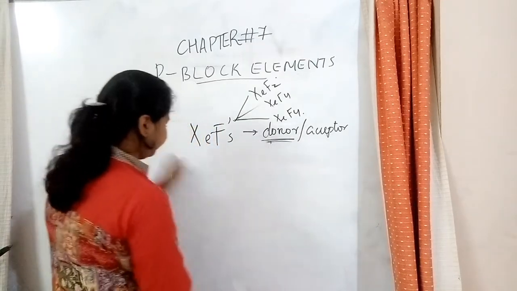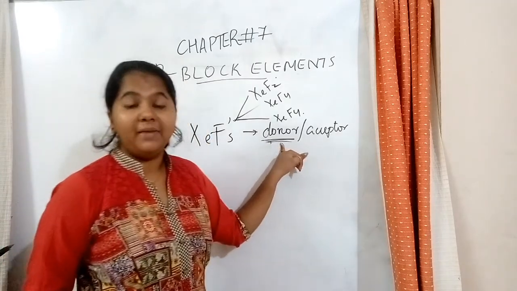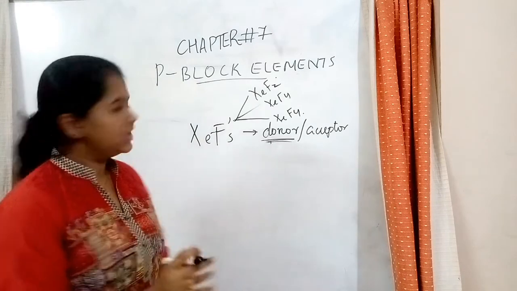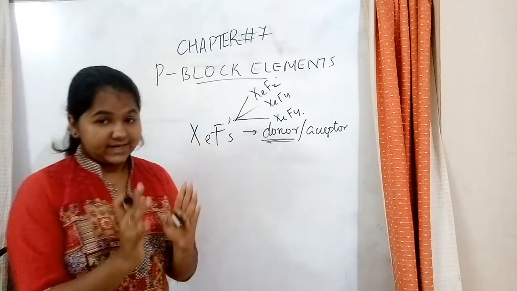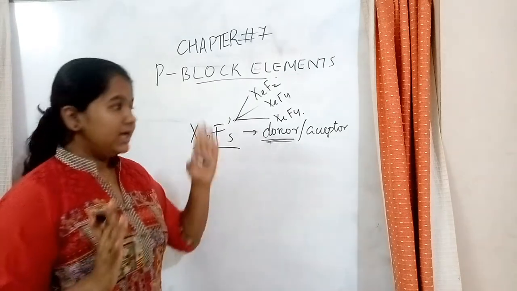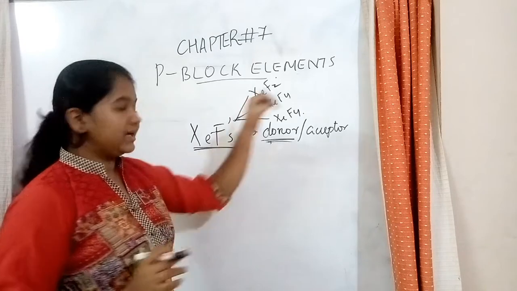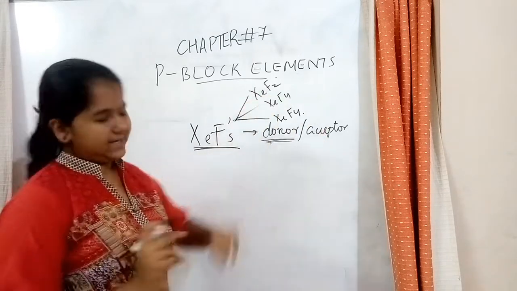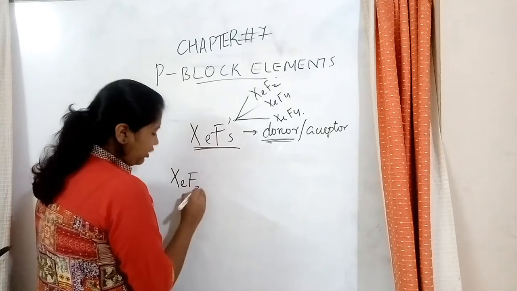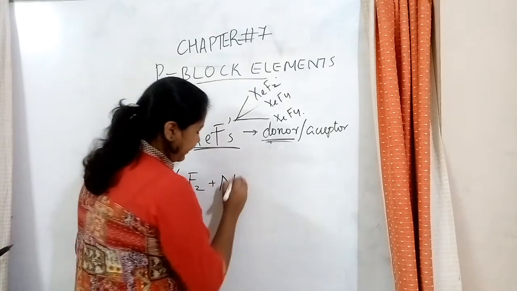So now let's write this equation with these compounds. And I told you when they are with the donor atom, they form an anionic species. So let's see how it's an anionic species. We are only taking into consideration these xenon fluorides. The xenon fluorides form anionic species when they are reacting with donor atoms. So let's see. XeF2, and what will we take? We'll take Na itself.